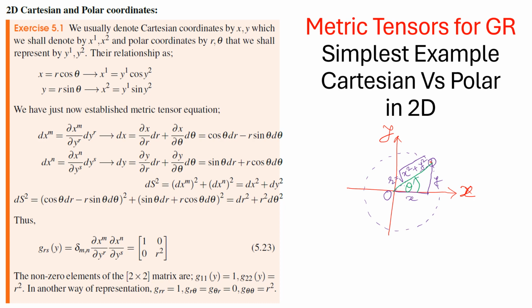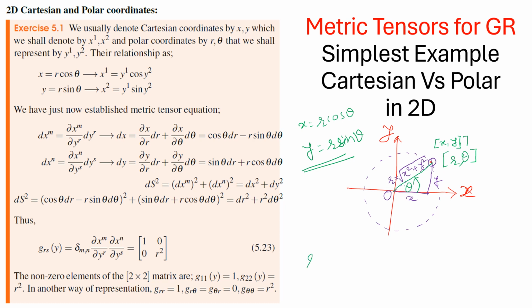So this point, which was earlier represented by xy, can be represented by r, that is its distance from the origin, at an angle theta with respect to the x-axis. Obviously here we have x is equal to r cos theta and y is equal to r sin theta. These are the transformation relations.